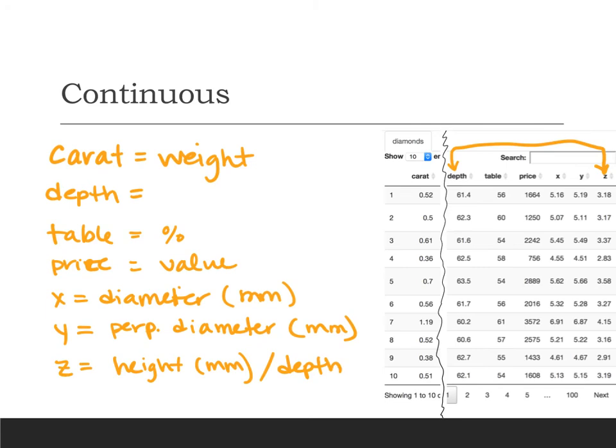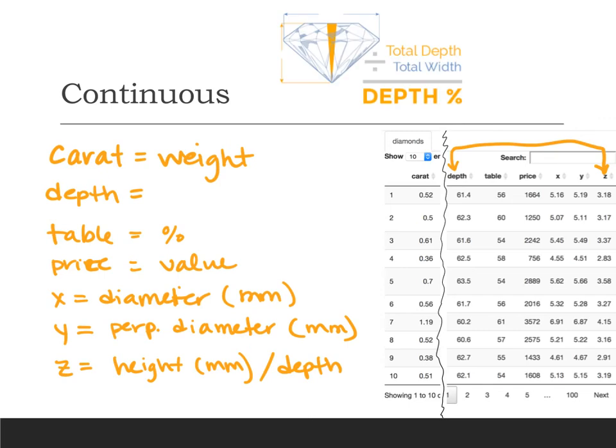But when they say depth up here in this first column or second column, let me show you just a quick bit, just in case you're wondering. 61.4 versus 3.8. How are those the same measurement? Well, here you go. When they talk about depth in this table, it's another percentage. It is the total depth, which would actually be the 3.18 divided by the total width.